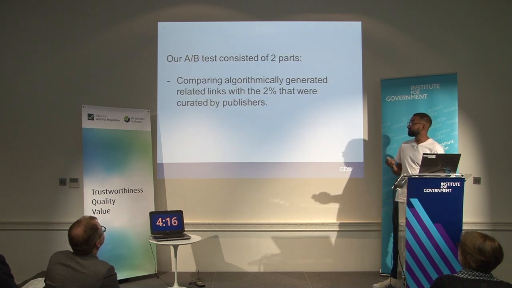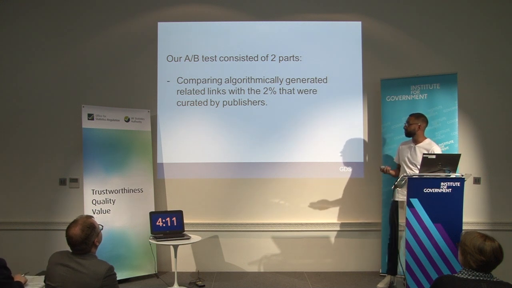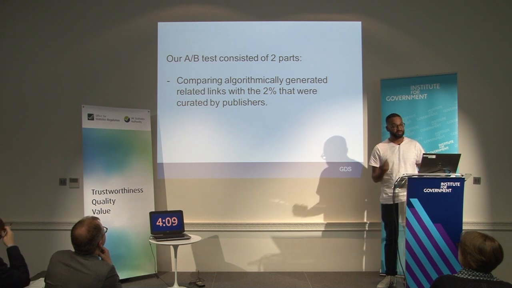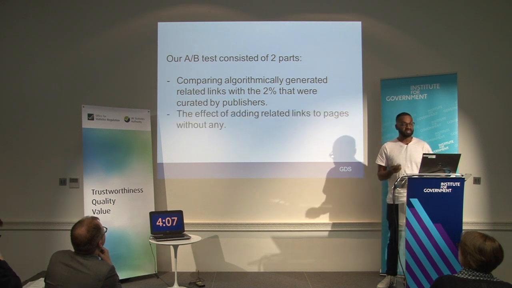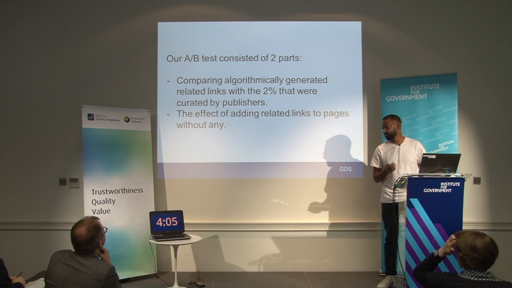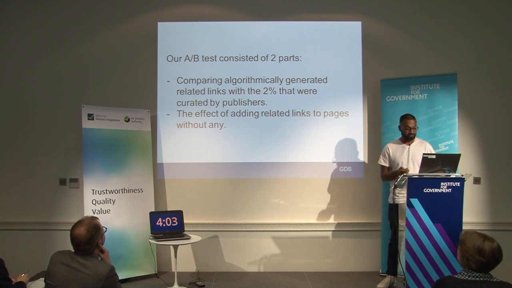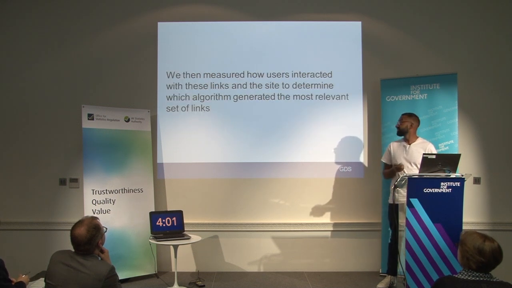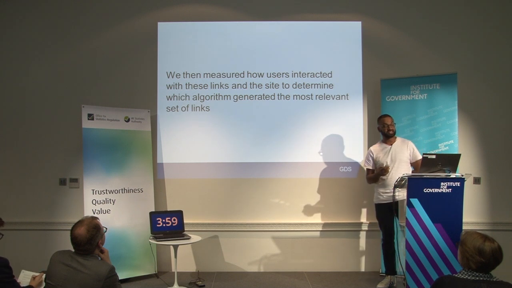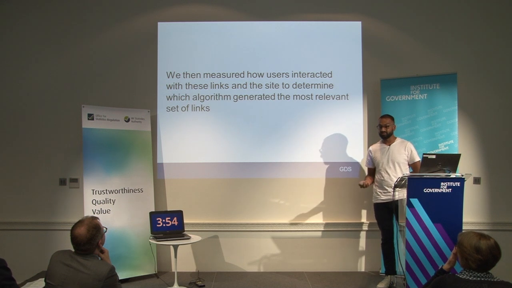The A/B test consisted of 2 parts: comparing the links generated from the algorithm with the 2% that are human curated, and the effect of adding related links to pages without any. We then measured how users interact with these links and the site to determine which algorithms were the most relevant for users.